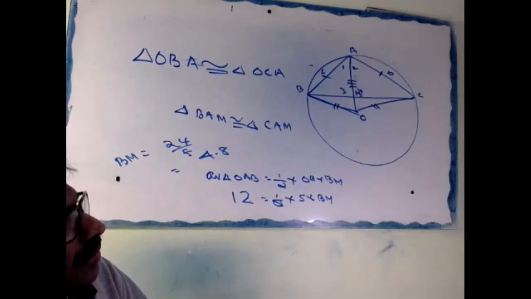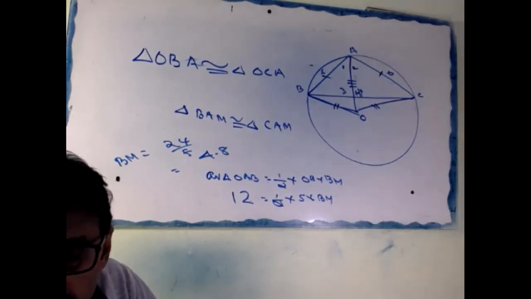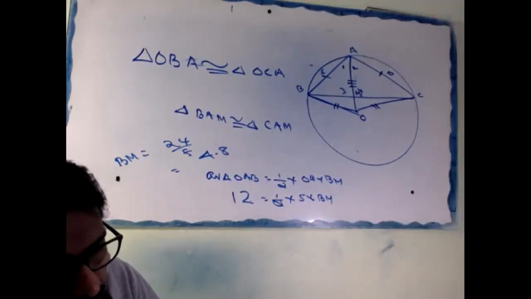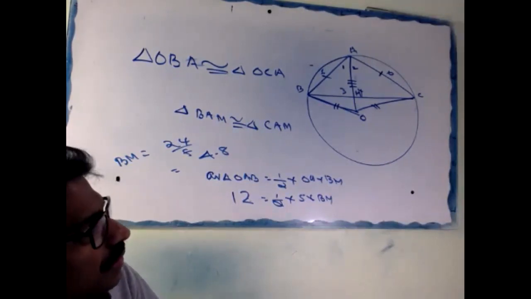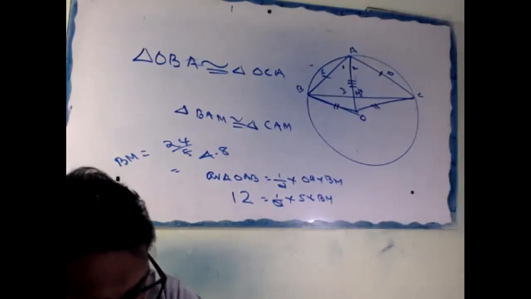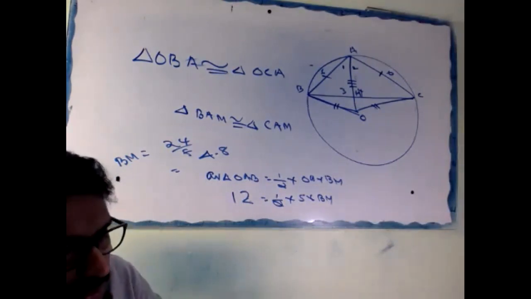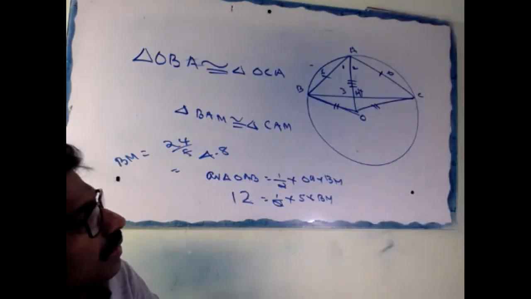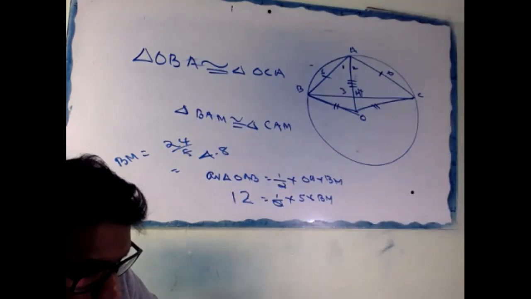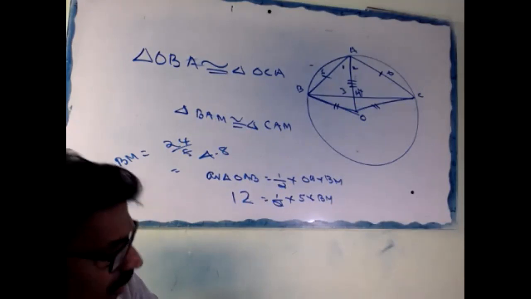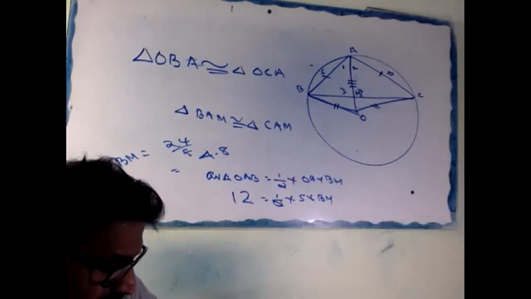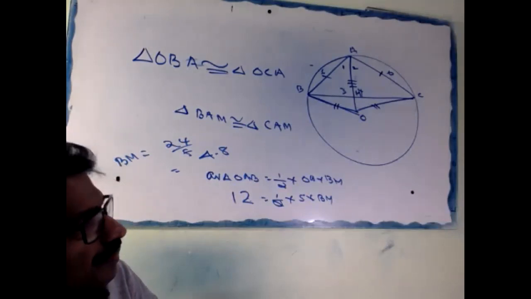Hence, we got BM equal to MC, CPCT. Angle 3 equal to angle 4, CPCT. But we know that angle 3 plus angle 4 equal to 180 degrees, linear pair. So from 1, 2, 3, we get OA is the perpendicular bisector of BC.